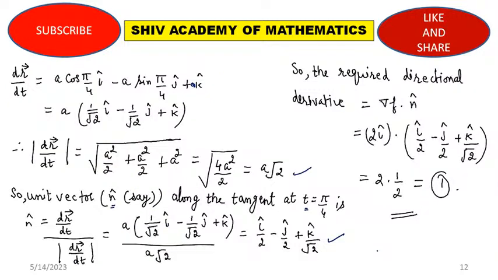Finally, the required directional derivative is del f dot n cap. So we do the dot product of these two vectors, del f and n cap.